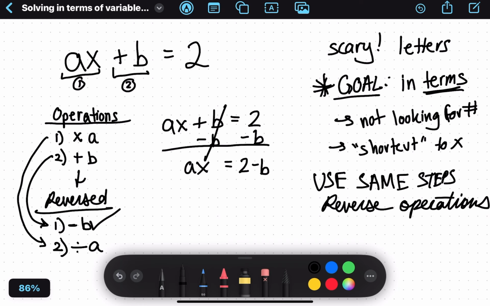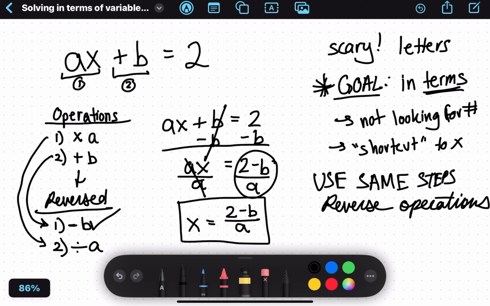Now we have to divide by a on both sides. So let's divide by a. The a cancels out here. And this side right here can't be simplified anymore. So that's okay. We're just leaving it as 2 minus b over a. And that's our answer right here. It looks weird, but it's right.